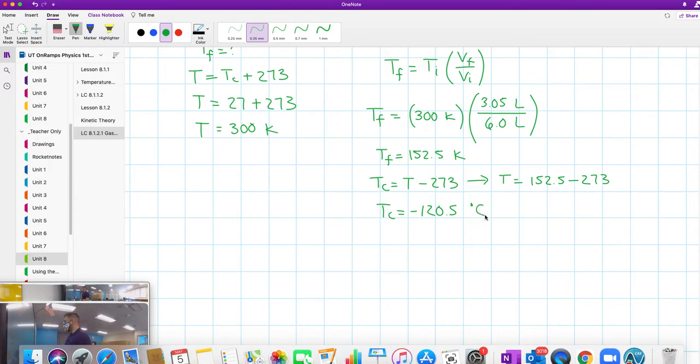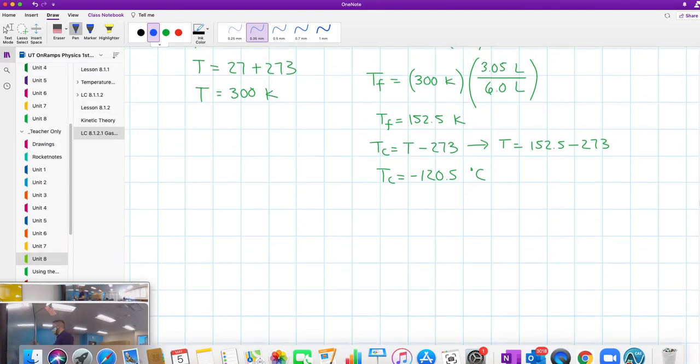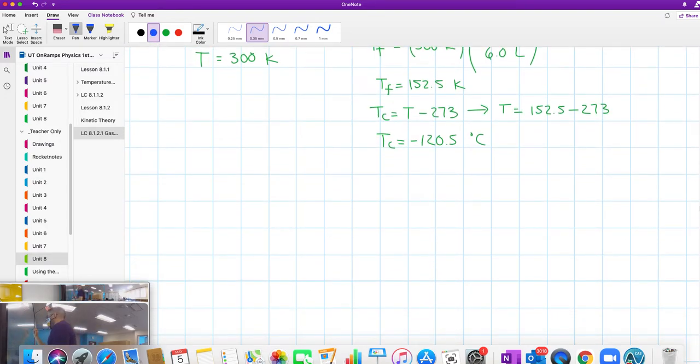Now let's convert to Fahrenheit. So the formula is temperature in Fahrenheit equals 9 divided by 5 times temperature in Celsius plus 32.